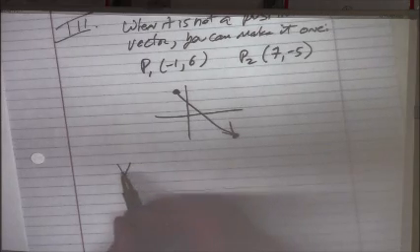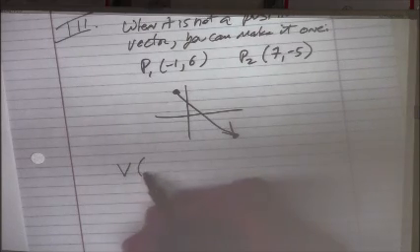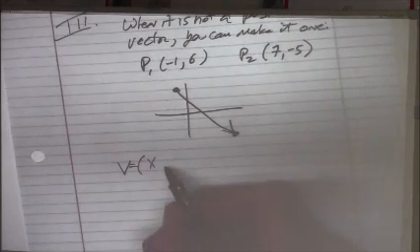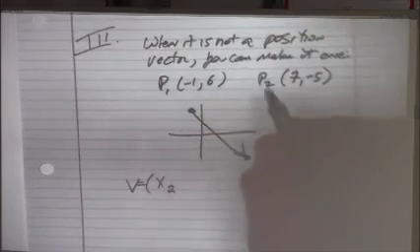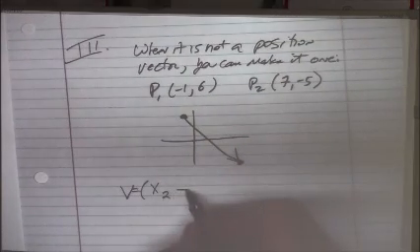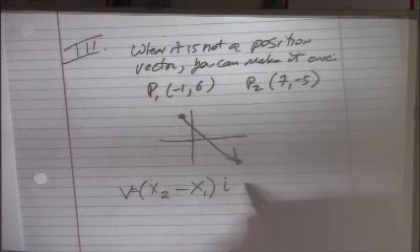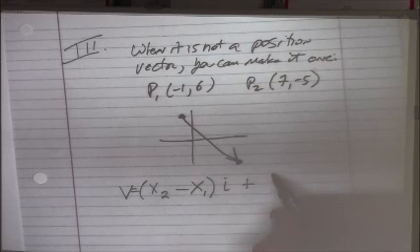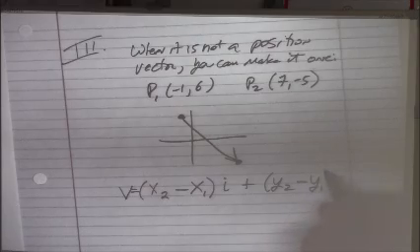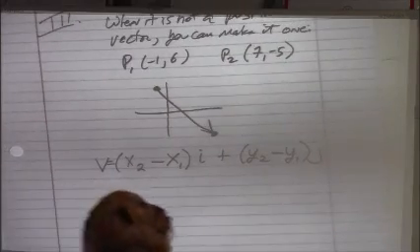So what this tells you to do is that this vector is equal to x2, the x from the second pair, minus the x from the first pair, i, plus the y from the second pair minus the y from the first pair, j.